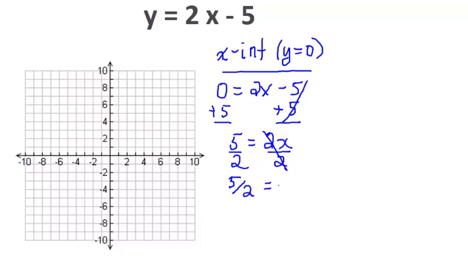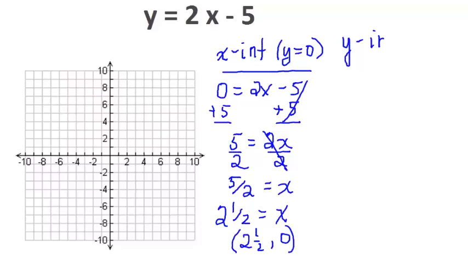Now with some quick division, we know we can write 5 halves as 2 and 1 half. And that might help with plotting the point. So our ordered pair in the form x comma y here would be 2 and 1 half comma 0. Next we will determine the y-intercept, and we've established here that we will use 0 for x.